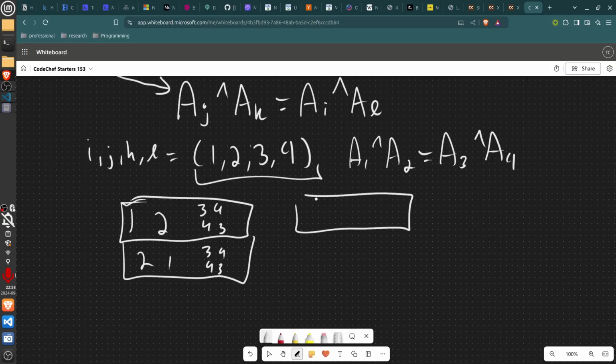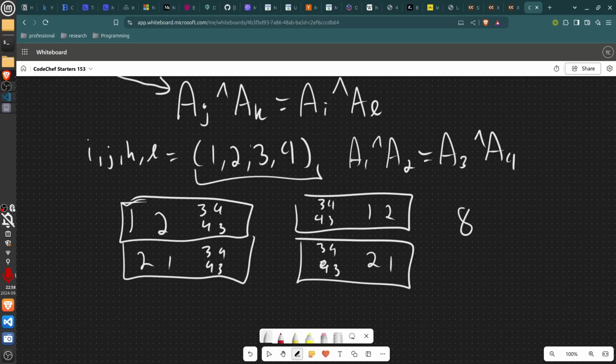Or I could do this completely differently and do 1, 2 here and 2, 1 here, and then 3, 4 or 4, 3 here and 3, 4 or 4, 3 here. All of these will be valid. So there's a total of 8 ways in which I can rearrange these quadruples, and each one is valid. It satisfies the constraints of the problem. It defines a valid rectangle, and they will all count.